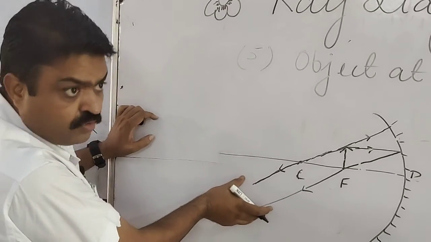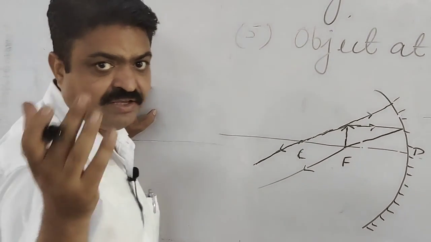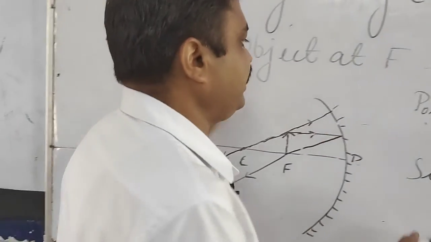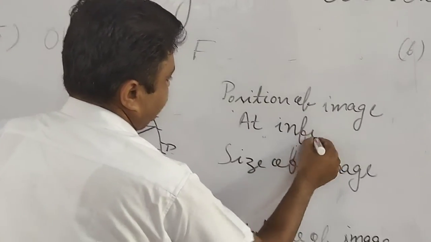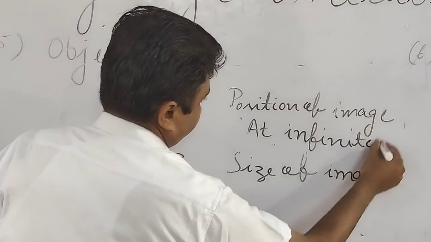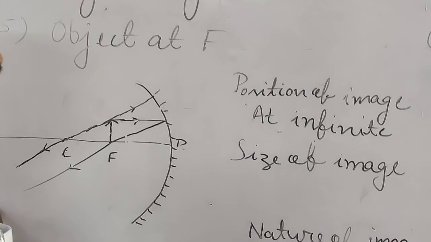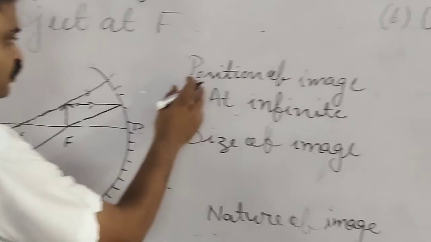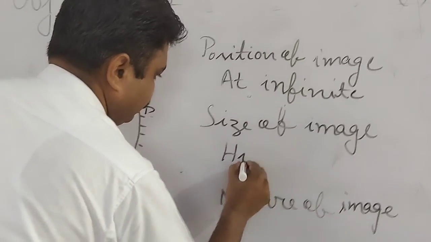In this, these rays are not meeting each other. It means, what is the position of the image here, student? It is at infinity. Or at infinity, the image will be formed. Size of the image will be highly enlarged.